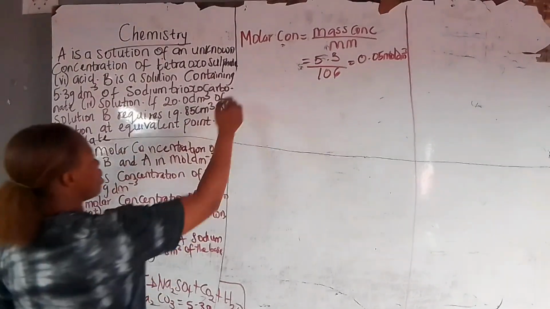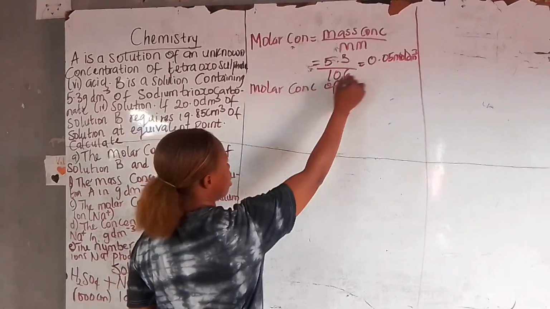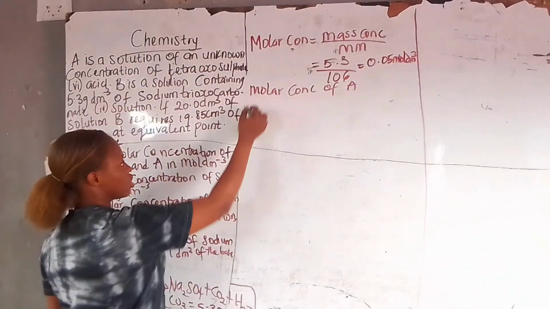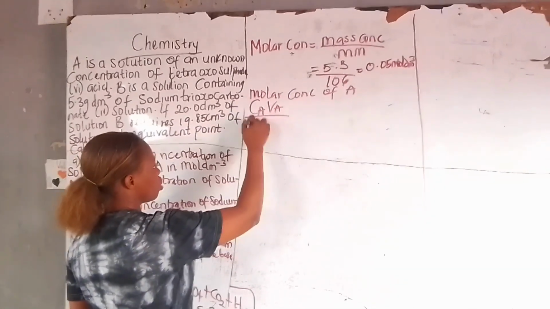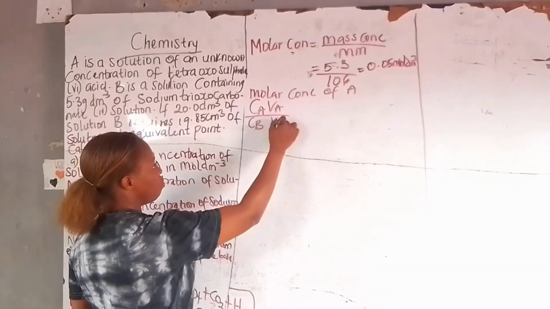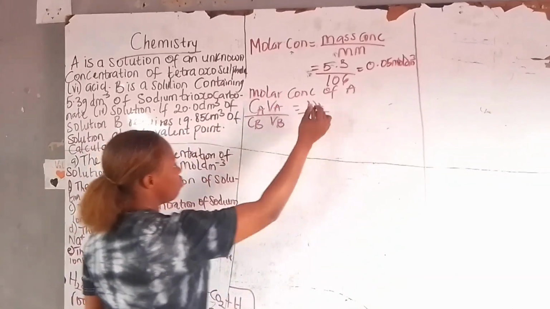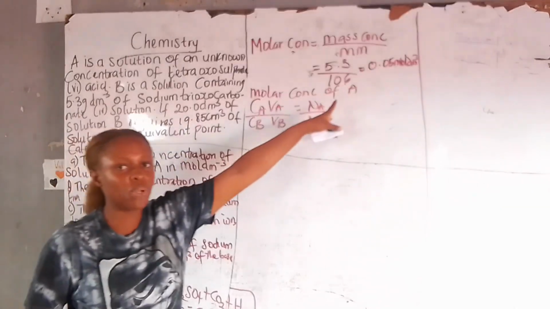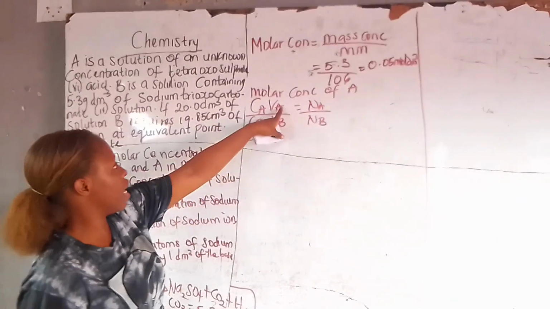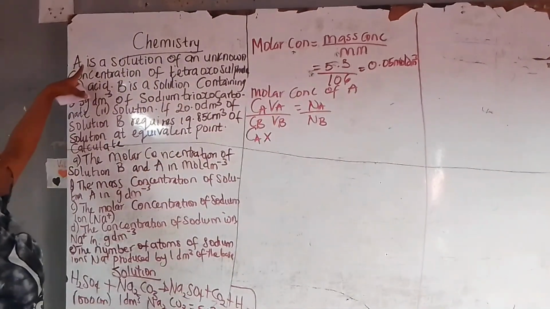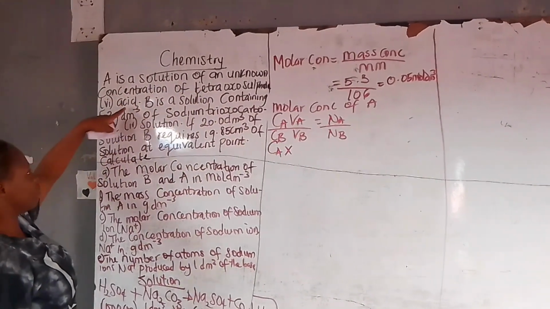Now let's look for the molar concentration of A. What formula are we using? We are using Ca Va over Cb Vb equals number of moles of acid over number of moles of base. From the question, we are looking for the concentration of acid, so that will be Ca times Va. What is the volume of the acid? A is a solution of unknown concentration of tetraoxosulfate(VI) acid.